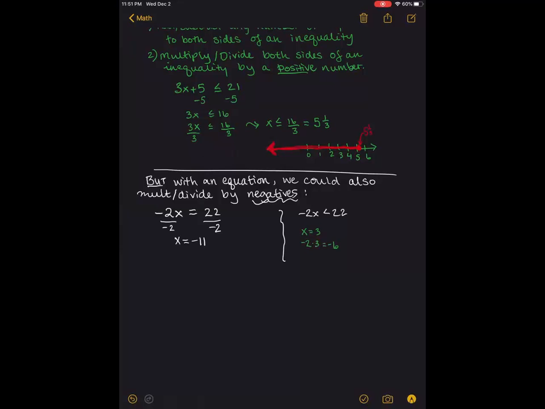And that's certainly less than 22. But if I were to divide both sides of this inequality by negative 2 and just keep the sign the same, it's not true that x is less than negative 11 in this case. 3 is not less than negative 11.